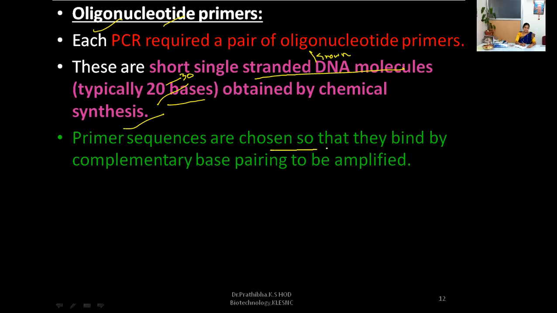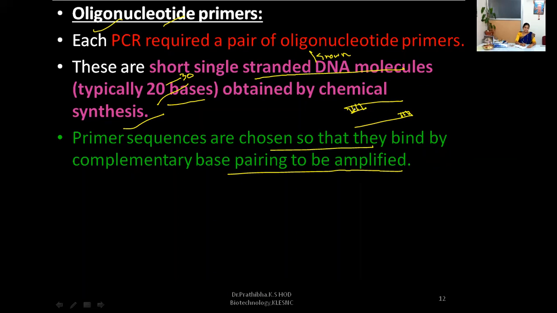Primer sequences are chosen so that they bind by complementary base pairing to the DNA being amplified. If this is the DNA template strand, we choose the primers in such a way that the primer goes and binds to the ends of the DNA fragment.